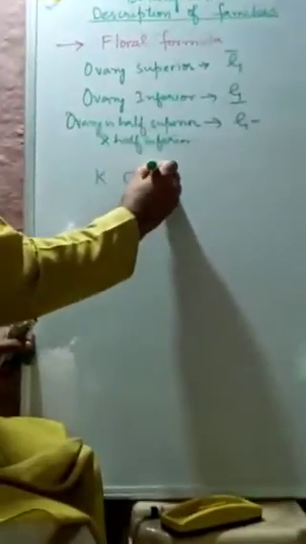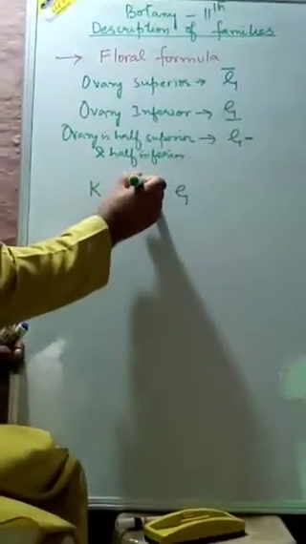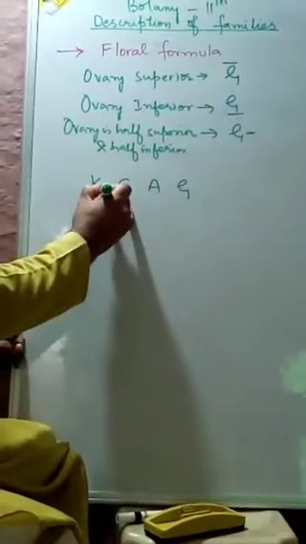Sometimes we also see when we write the whorls in their sequence, it is the calyx, the corolla, the androecium, the gynoecium. When this androecium and this corolla are fused, how can we write? Here we will write some numbers.